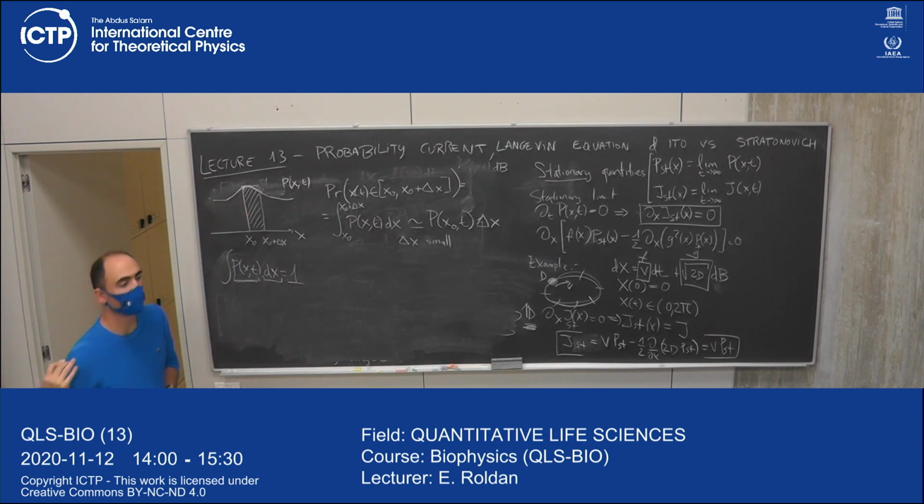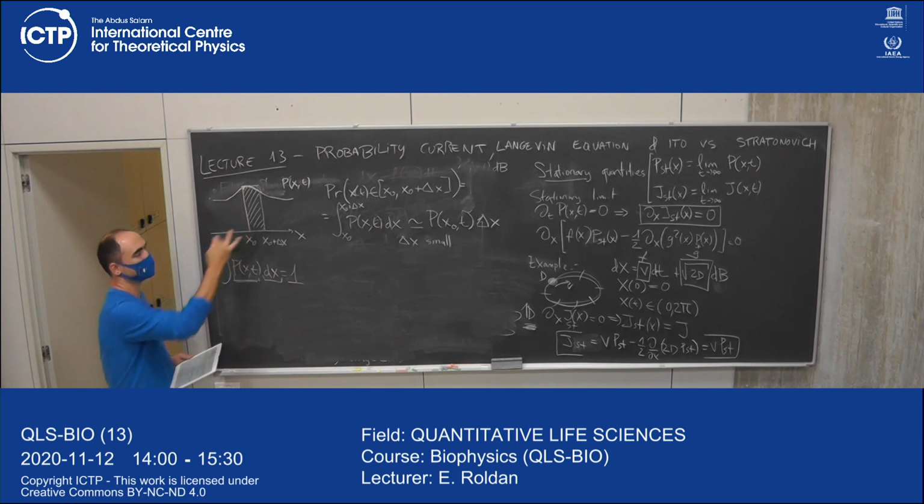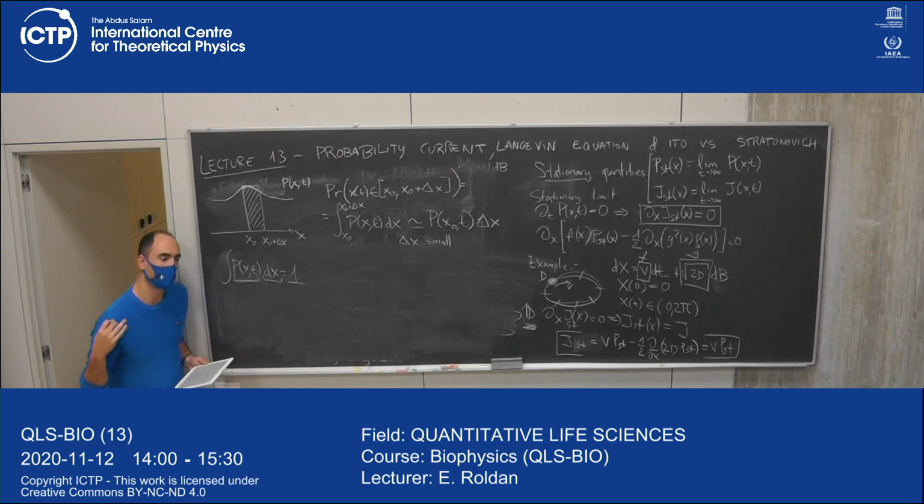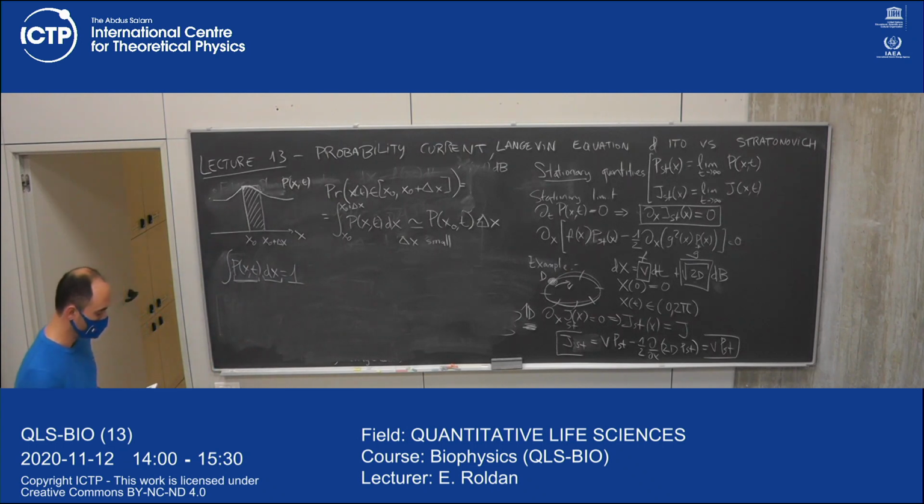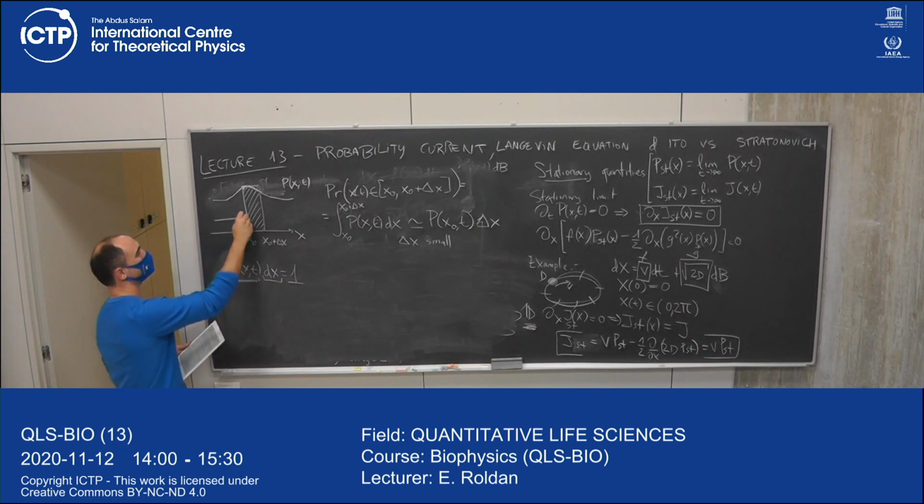There will be a flow of probability entering this region and a flow of probability getting out of this region. And this, in the book I'm following, which is the one I recommend you to look at, can be seen like this.